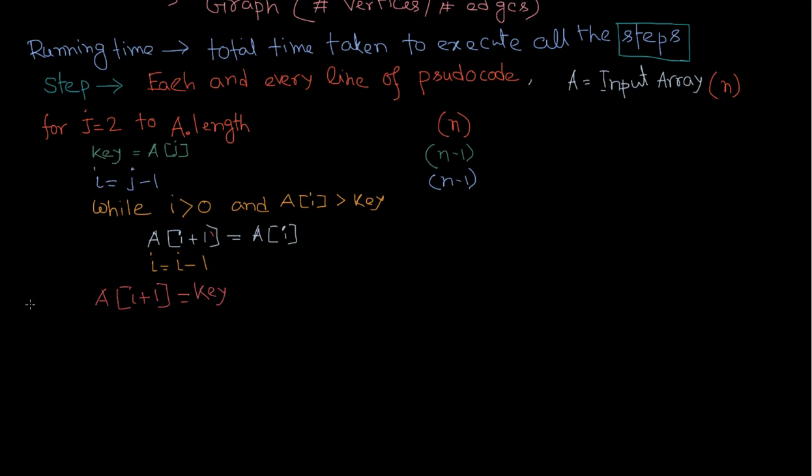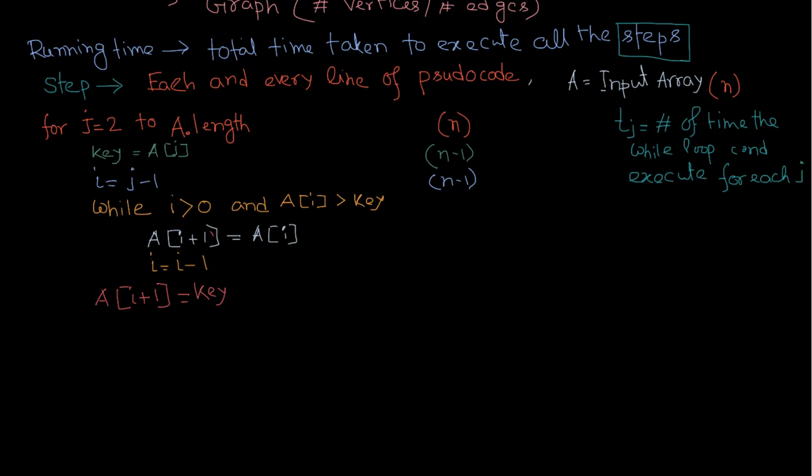So if I just denote another term, let's say tj is equal to the number of times the while loop condition executes for each j, right?